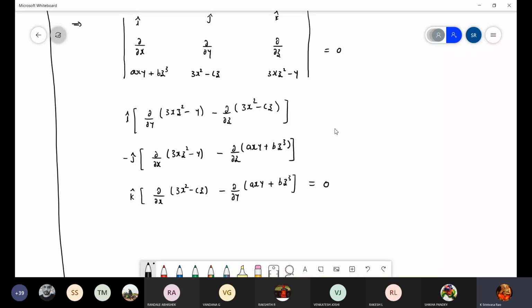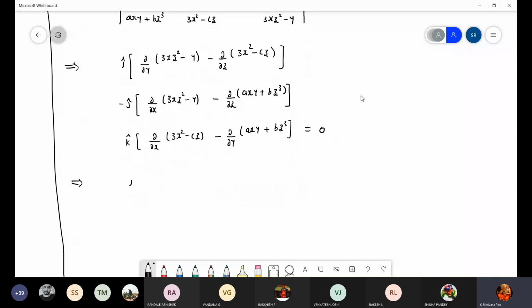That implies, just tell me what is the differentiation? Minus 1 plus c. Minus 1 with respect to z, no? Minus c, minus minus plus c. Okay.